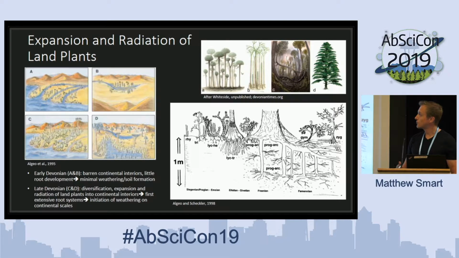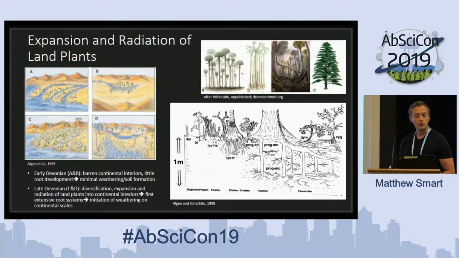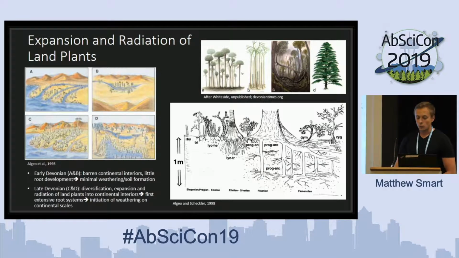So you fast forward towards the middle, towards the end of the Devonian in tiles C and D, and you see a completely changed landscape. So you now see land plants basically inhabiting continental interiors. You see trees, and then if you look at the figure here on the right, you'll notice that as the Devonian progresses, the root systems also become fairly extensive as well. So we have large root systems, more soil formation, weathering, that sort of thing.